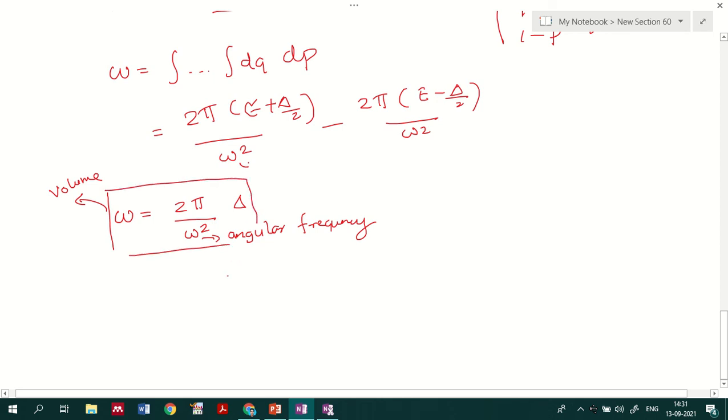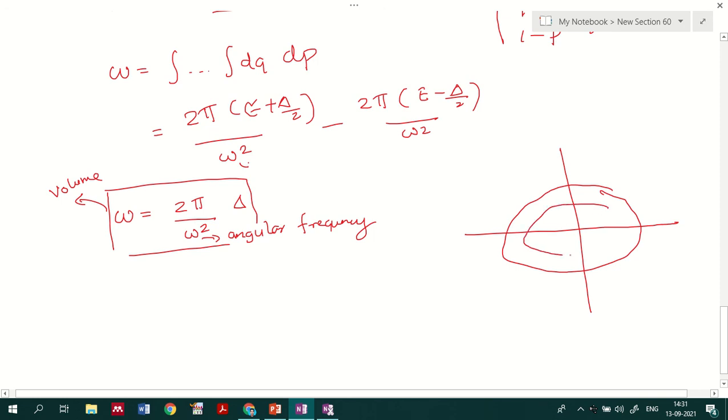Now when I represent this value, I can say that when I consider an ellipse like this, which has another ellipse here and another ellipse over here.